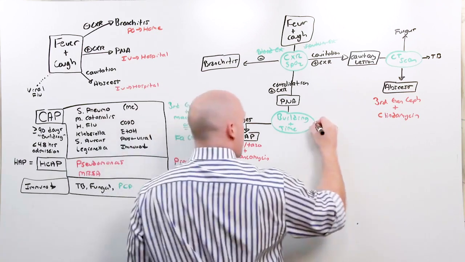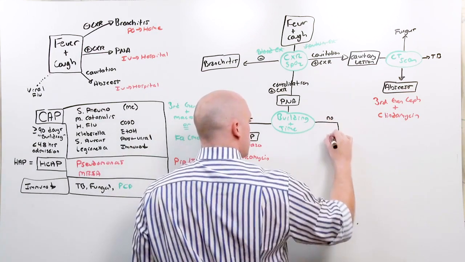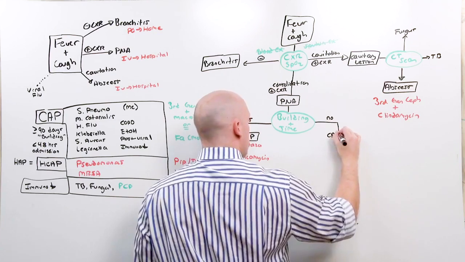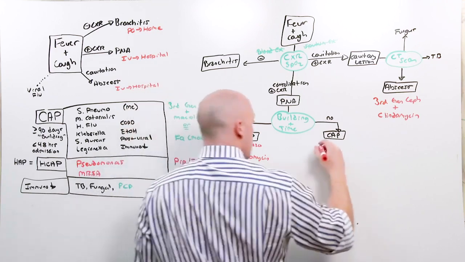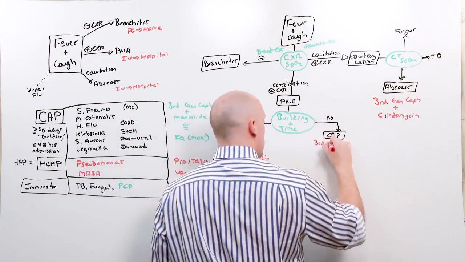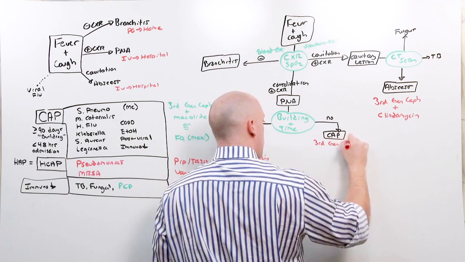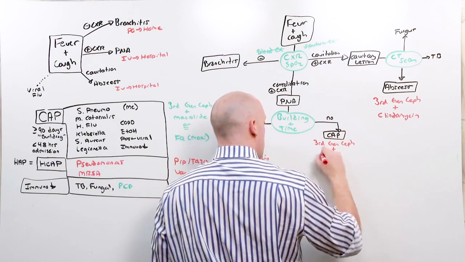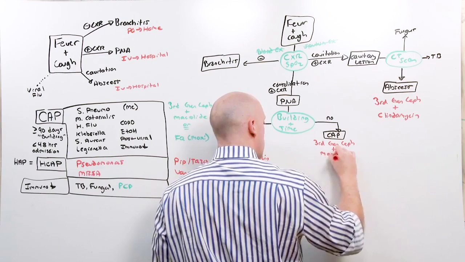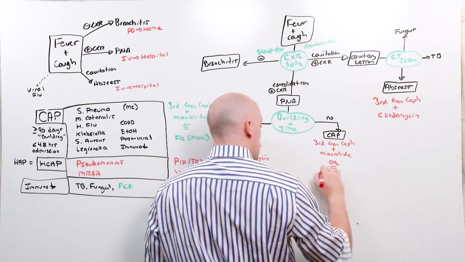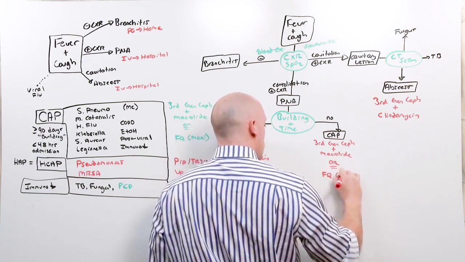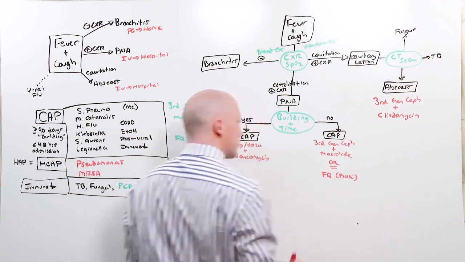If they have not had that exposure, they're community-acquired pneumonia, and they can be treated with either a third-generation cephalosporin, ceftriaxone, and a macrolide, azithro, or a respiratory fluoroquinolone, which is moxifloxacin.